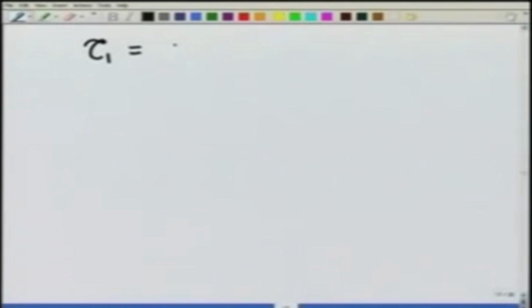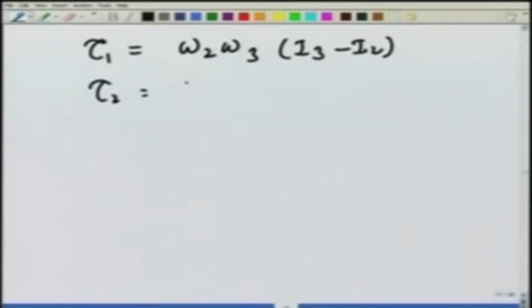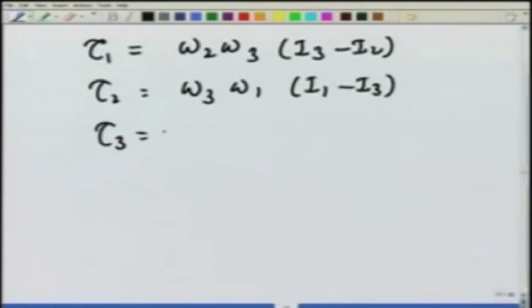Let us now see how I get the same answer, instead of using these horizontal components, from the general expression which told me that tau 1 is equal to, only by pure rotation, omega 2 omega 3 times I3 minus I2, tau 2 is omega 3 omega 1 times I1 minus I3, and tau 3 is equal to omega 1 omega 2 times I2 minus I1.